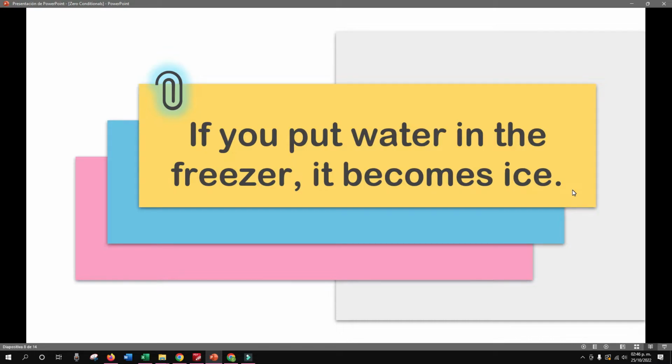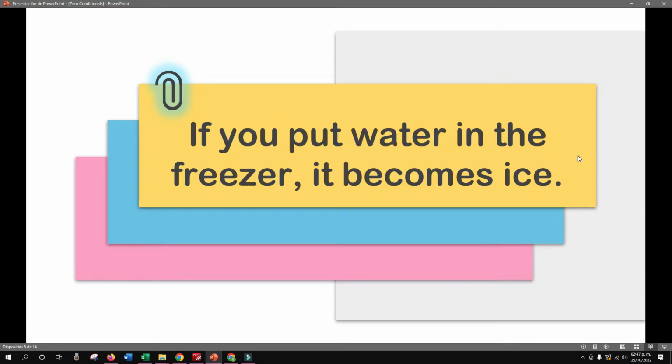Also, we can change the position of these sentences if you want. First, you can write down the result or the main clause, right? It could be, it becomes ice if you put water in the freezer.